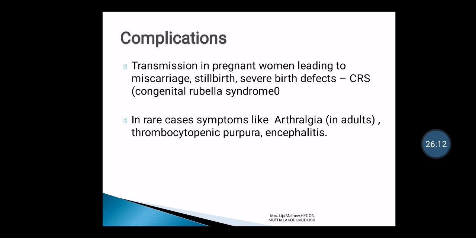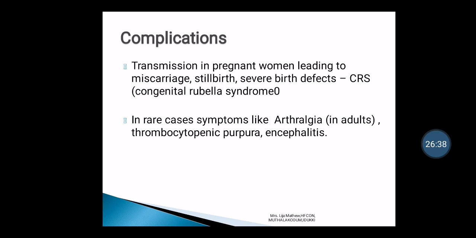Then when we look into the complications, as I have told, when it crosses the placental barrier, it causes congenital rubella syndrome in newborn children. It is known as CRS, congenital rubella syndrome. And sometimes even if a pregnant woman is affected, it can lead to miscarriage.